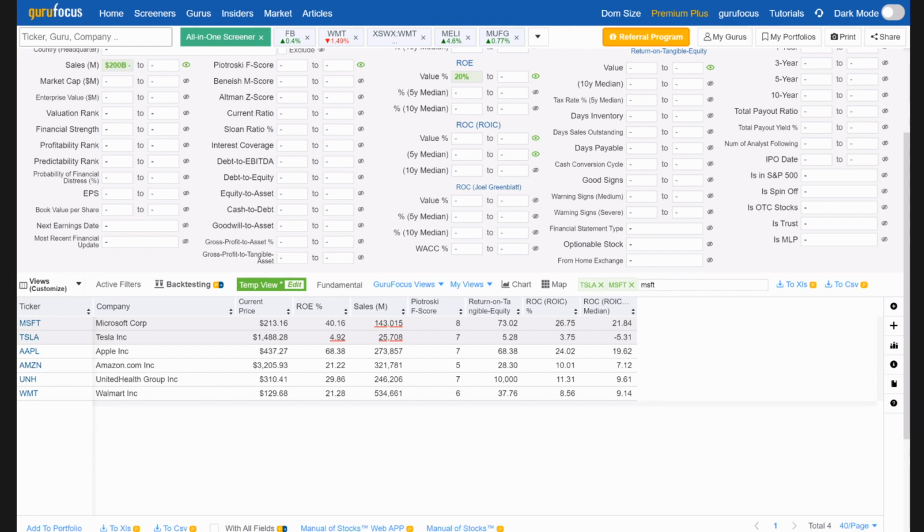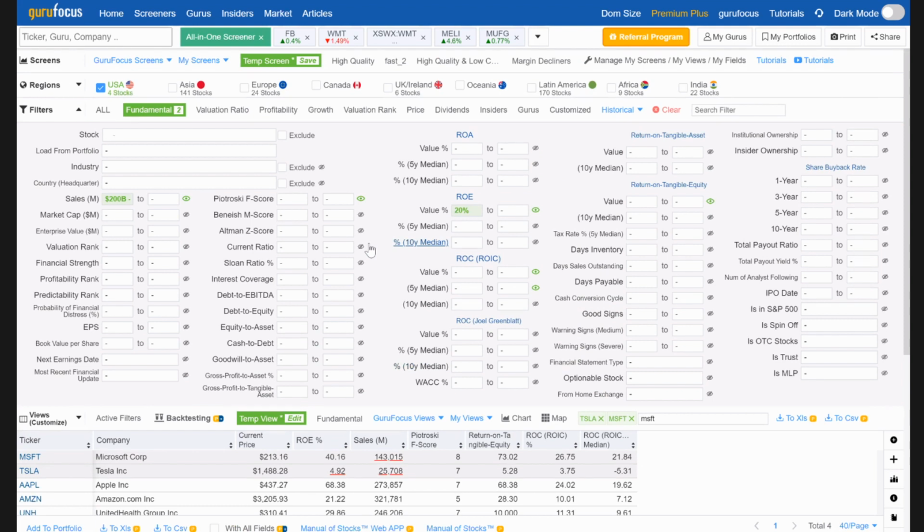Because I'm on the screener, I will talk about something more about the screener. We are adding a feature which allows you to screen the historical data, compared with the current data. For instance, you may want to see a company whose sales grow 10% every year for the last 5 years.